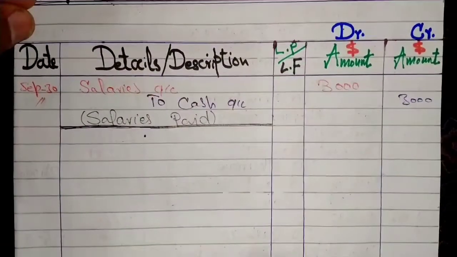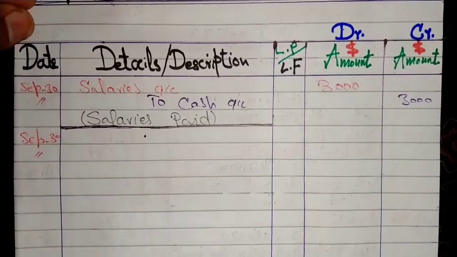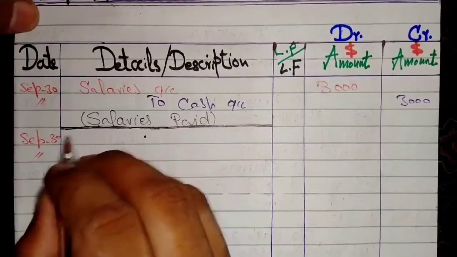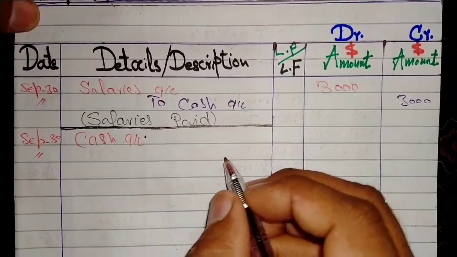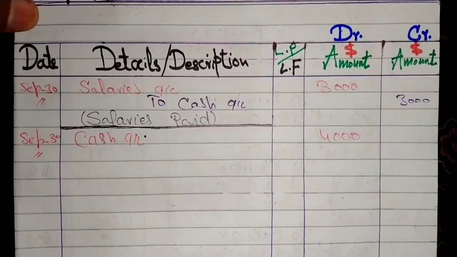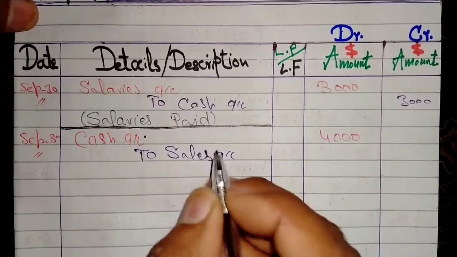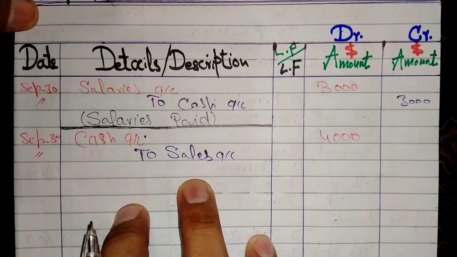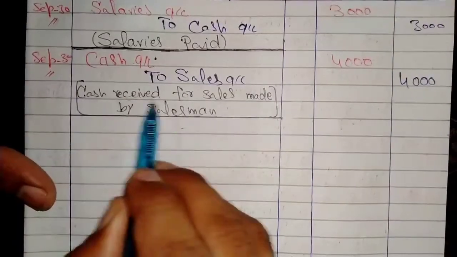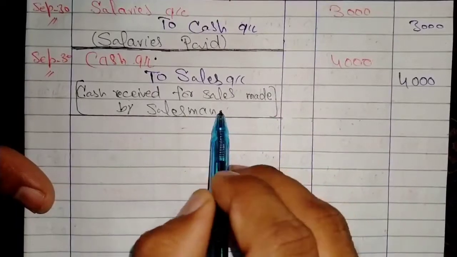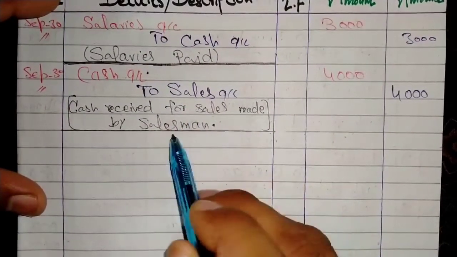The second part of this transaction will be on the same date, September 30th, 2005, cash sales by the salesman. So the entry will be cash account debit with amount $4,000 to sales account credit, because sales on cash basis, with the same amount $4,000, with description cash received for sales made by salesman of the business. You must keep in your mind, this is the employee of the business.